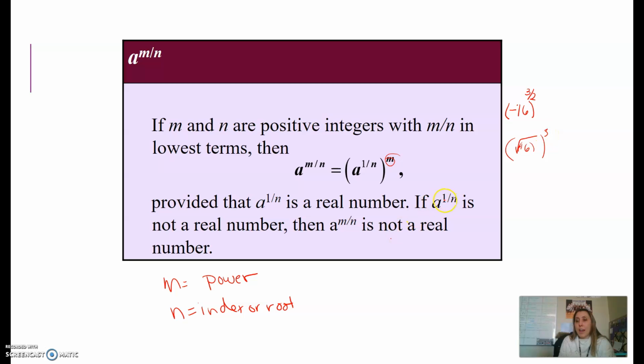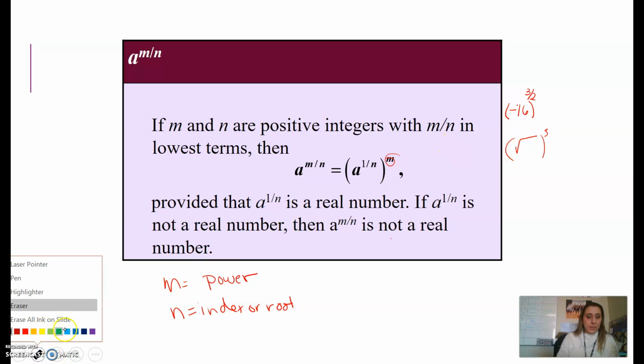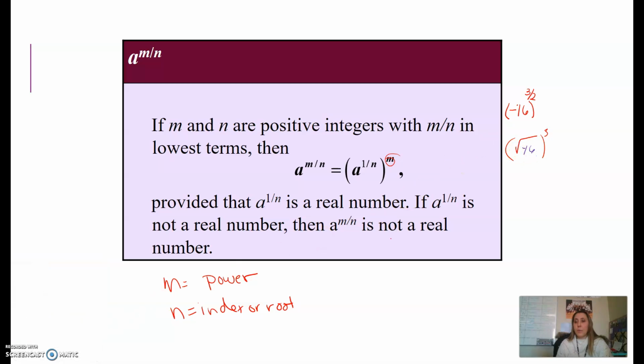So if we have that, I already know that this is an even index and this is negative, then I cannot evaluate that. So I need to write that so you can read it better. So negative 16. And we can't do that.